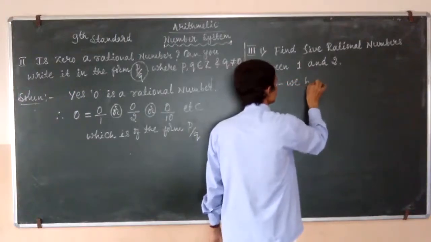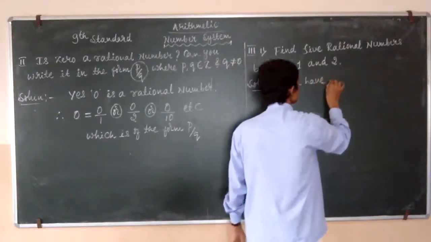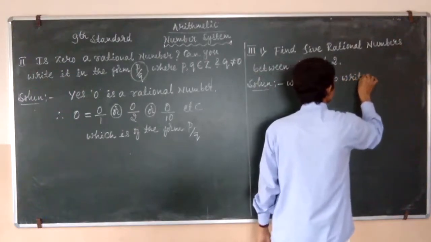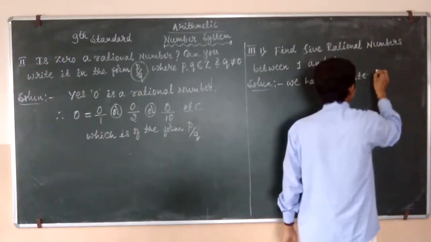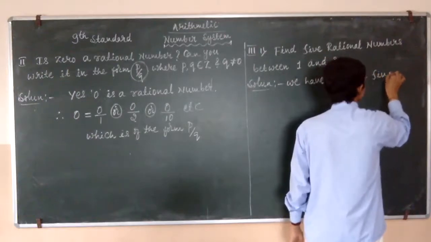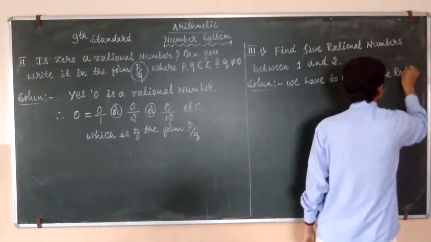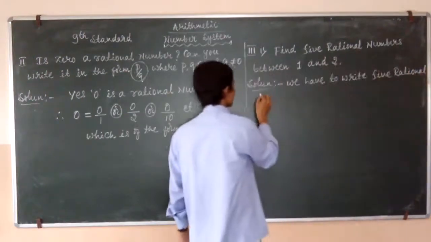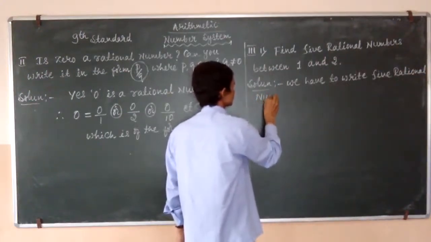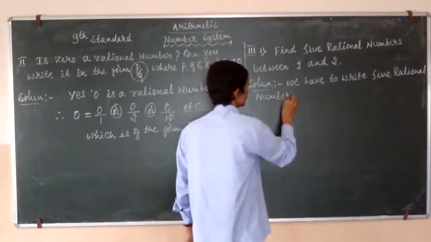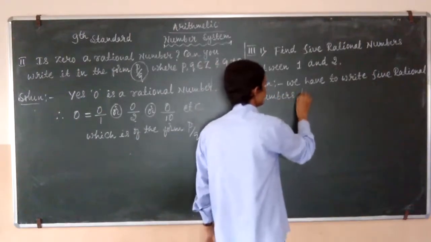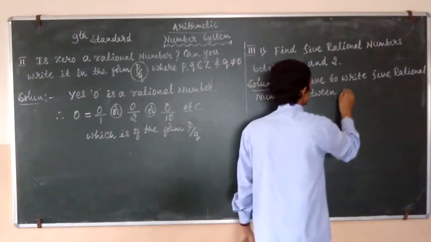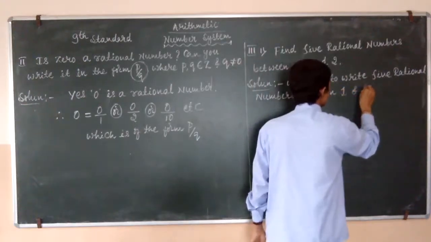We have to write 5 rational numbers between 1 and 2.